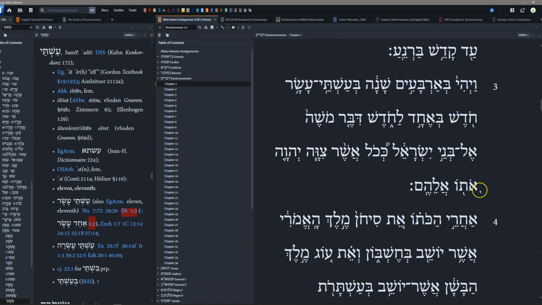Oto. I know it doesn't look like it here, but this is actually our definite direct object marker. This is what we usually see as et, and it's marking the direct object, but we've added what we'll call a pronoun suffix or a pronominal suffix here.